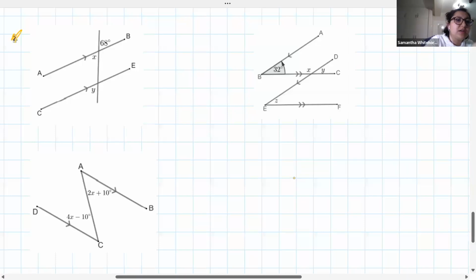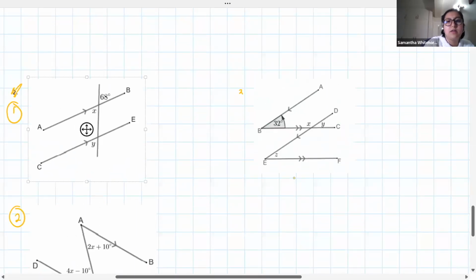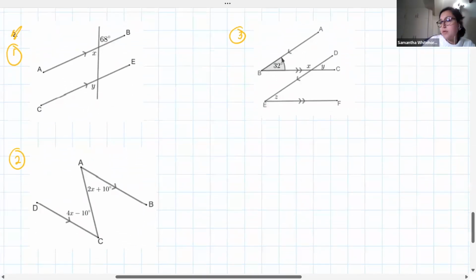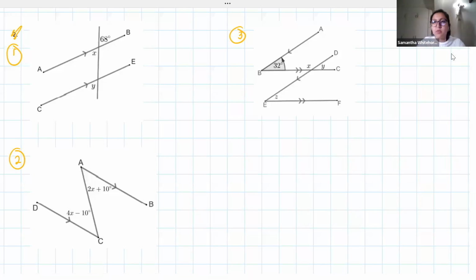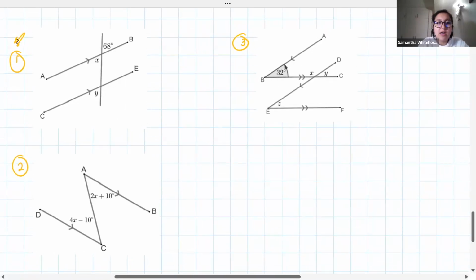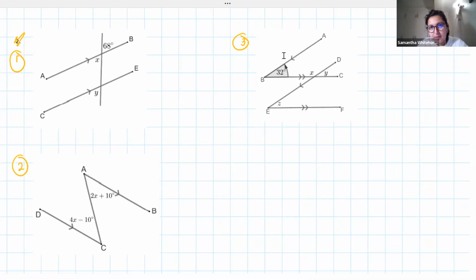So this will be 1, 2, and 3. I am going to give you 5 minutes. Wherever you're at after 5 minutes, I will do the answers and you can mark, but you've got 5 minutes to try all of these. Identify your parallel lines and see how you can find your answers.